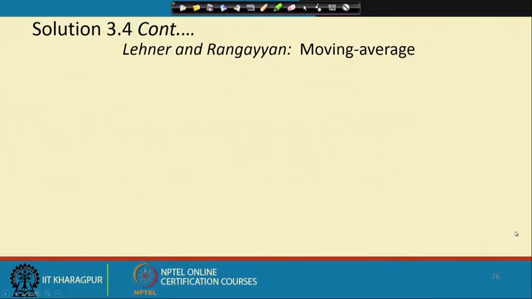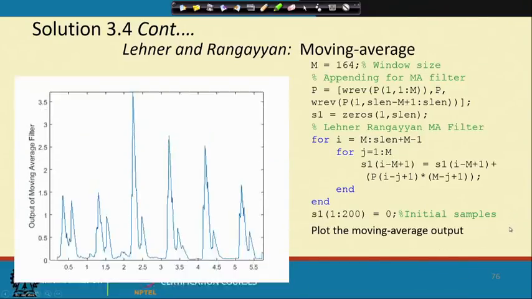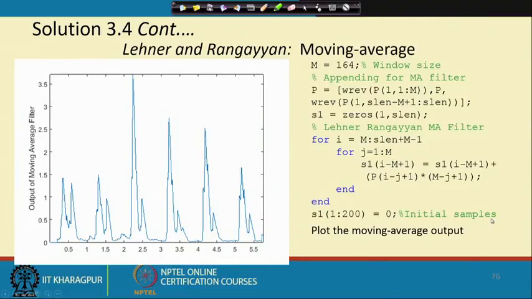Next we apply a moving average, an MA filter, and that makes it easier to get these peaks. We again plot these to the scale properly, and what we get is two peaks for each one of them. Out of these two peaks, the second peak is important to us in each case. That second peak we have to look at.